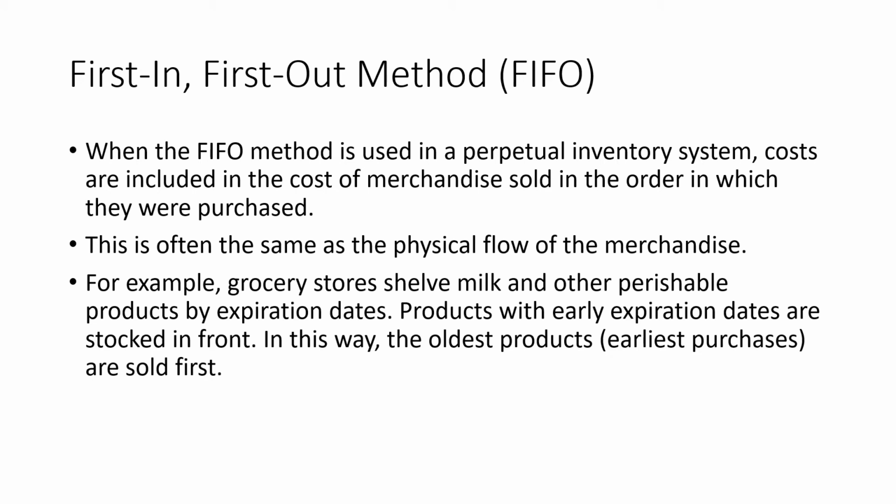So with first in, first out, the costs that are included in the cost of goods sold, they're going to show up in the order in which the purchases actually took place. It will coincidentally be the same as the physical flow of the merchandise that's actually being sold. And here is the example about the milk.